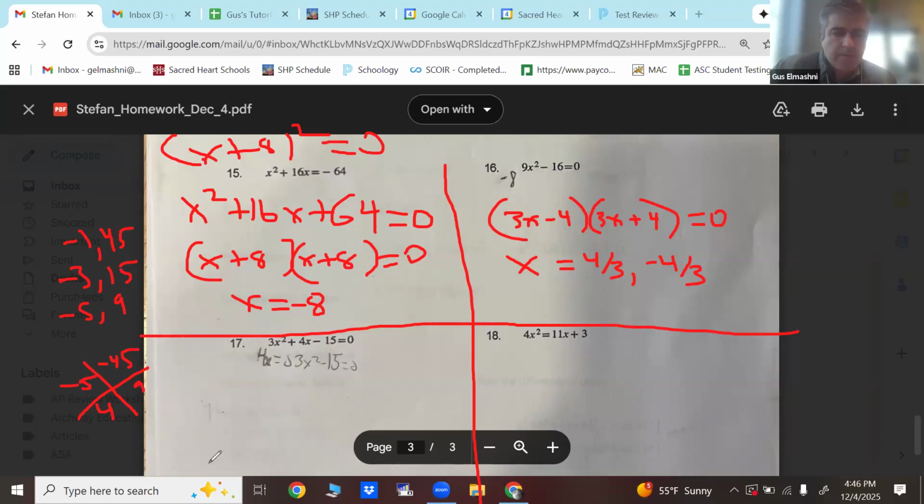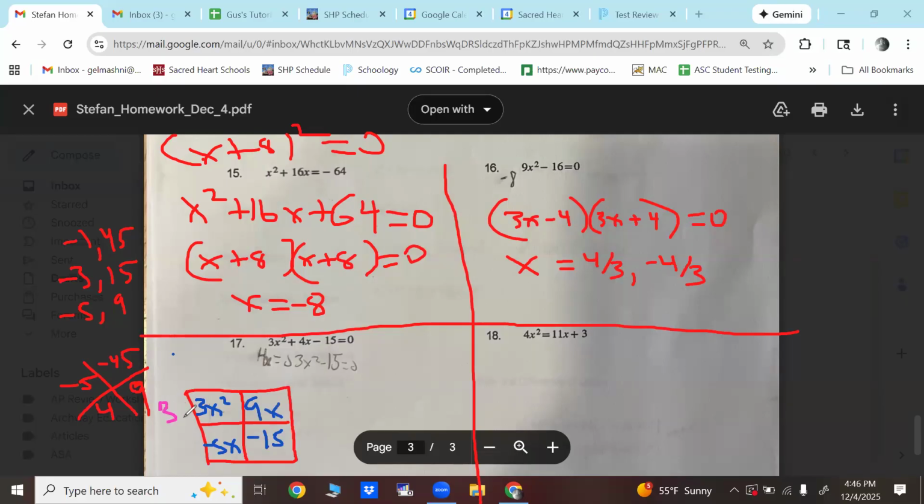Yeah, that's it. However, that's 3x. That's x. -5.